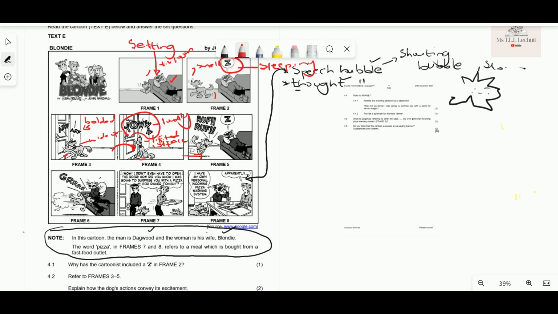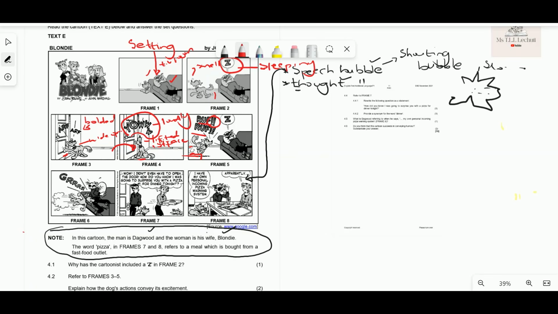Now in frame 5, look at Darkwood. Darkwood has been in the same posture, same position from frame 1 to frame 5. However, now the dog seems to be a bit aggressive. The words rough are bolded with an exclamation mark to further indicate how loud the dog is barking. Look at the lines behind the dog's tail.